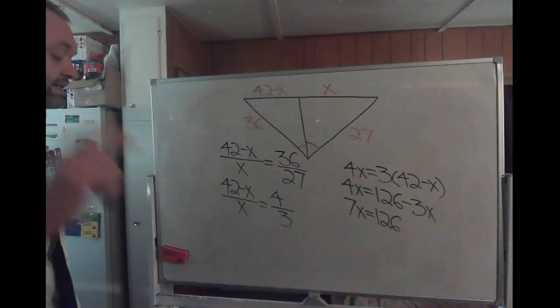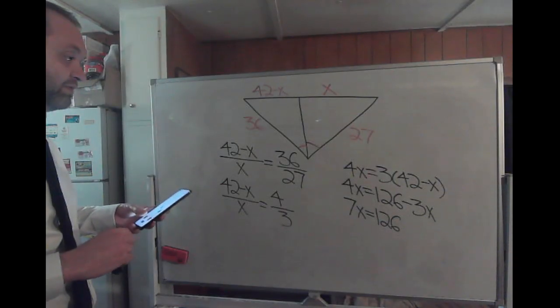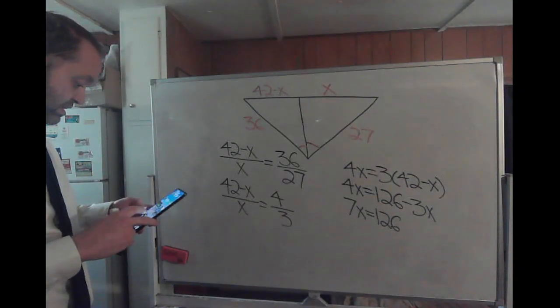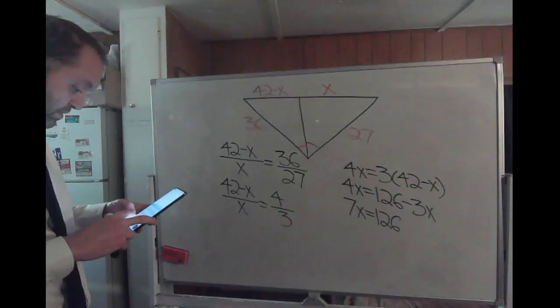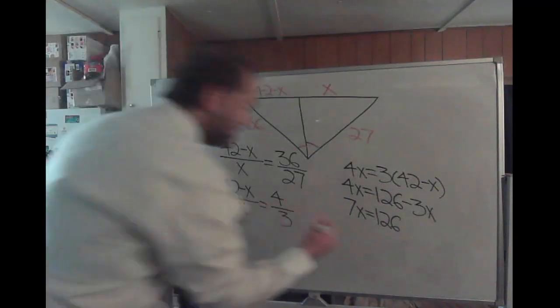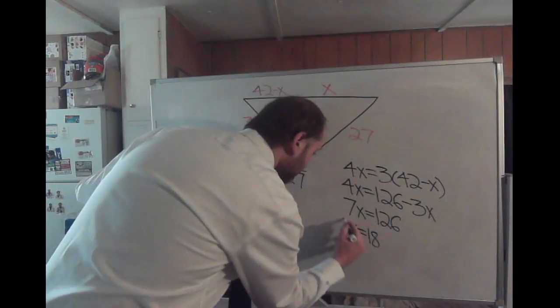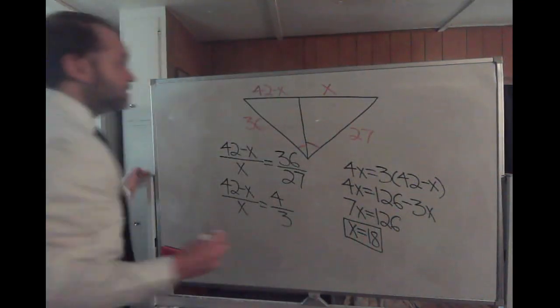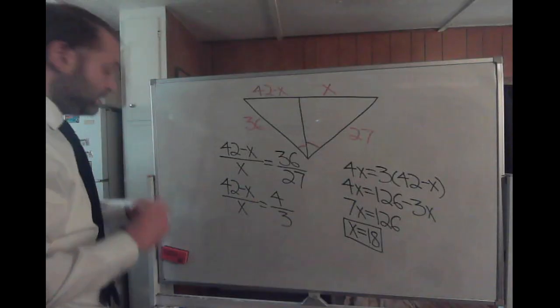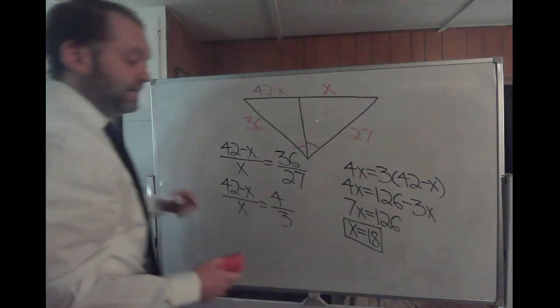And offhand, I don't know what 126 divided by 7 is, so I'm going to find out. It's 18. Okay. So x would be equal to 18. So you get the length for x being 18.